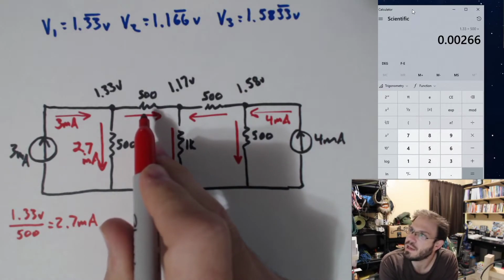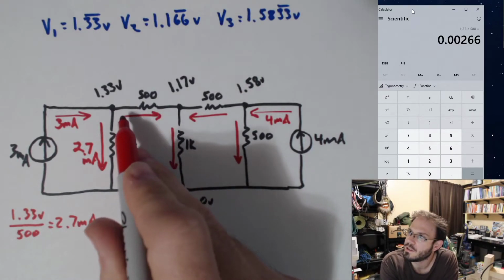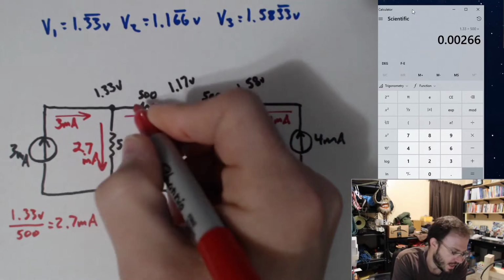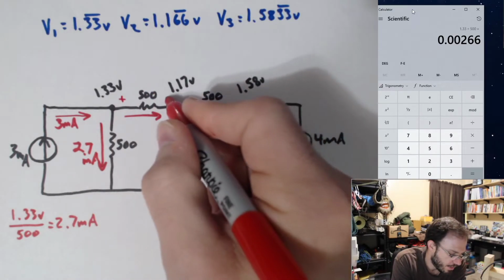Use the same technique we used earlier. Current always goes from a higher voltage to a lower voltage, hence this side must be higher than this side.